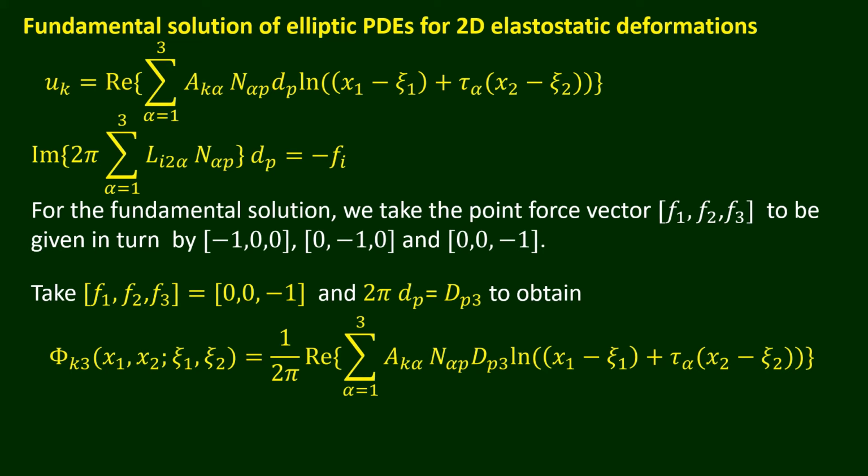And imaginary part of sum, alpha equals 1 to 3, L i2 alpha and alpha p, capital Dp3 equals delta I3.